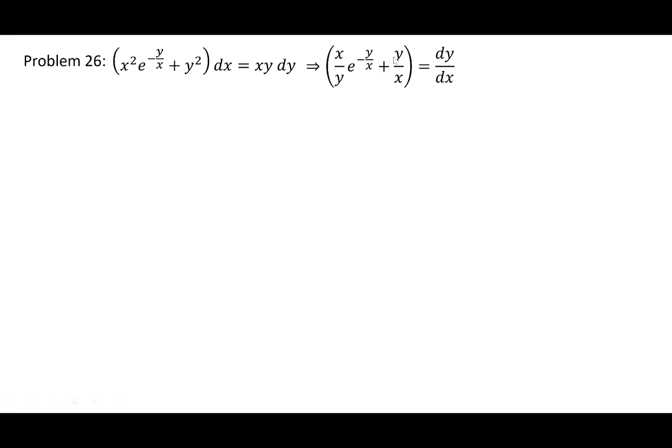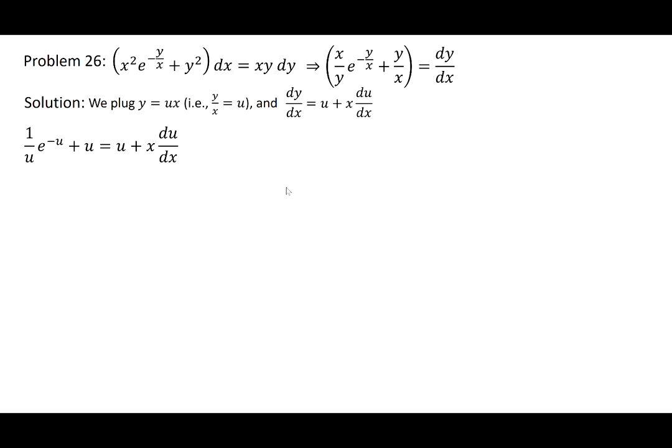Okay, now if y over x is u, x over y is 1 over u, right? And so we'll plug in y over x equals u, and this reduces to 1 over u e to the negative u plus u equals, and for dy/dx we'll plug in this, and quite nicely u's cancel, and we get a simpler integral.